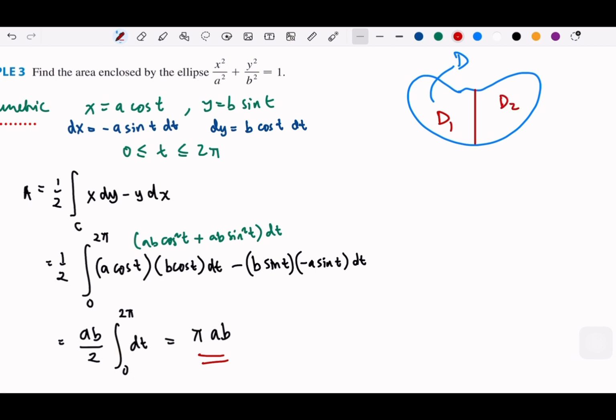If this is the direction, this is C1 for the left part, and we have another one in that direction, C3, and this will be C2. But for C2, to make it complete for D2, we need another one that is going down, which is negative C3. This can work for our extended version.